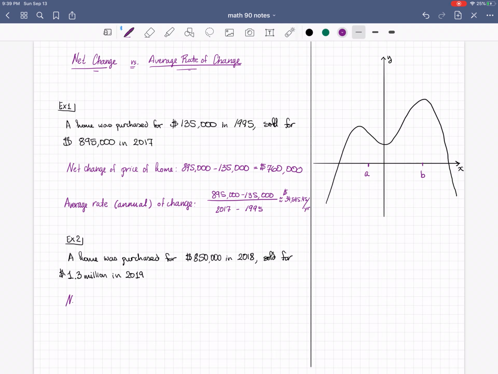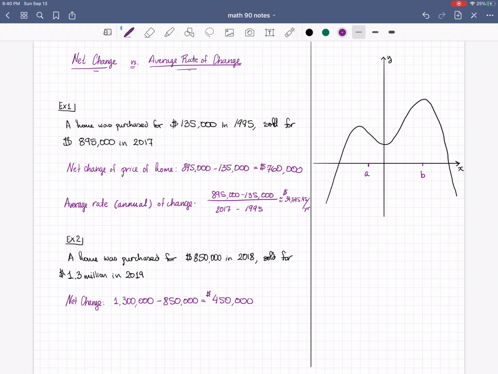So the net change is going to be $1,300,000 minus $850,000, and that's $450,000.